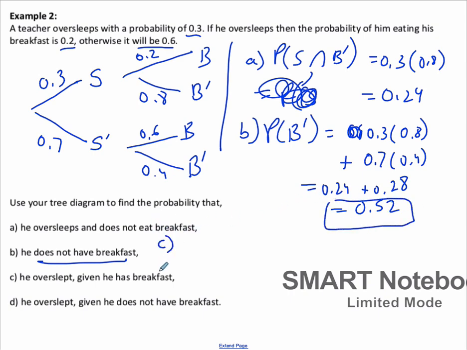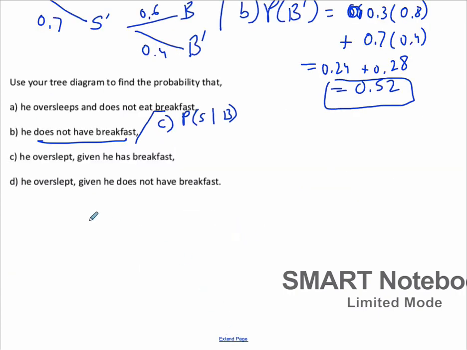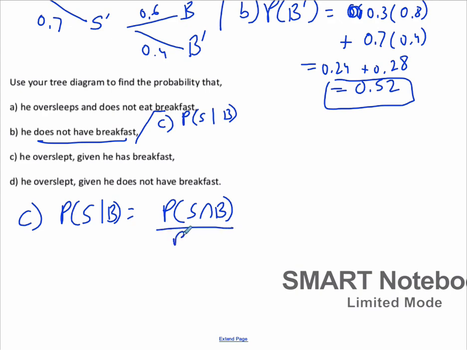So in part C, he oversleeps given he has breakfast. Okay, so maybe I'll do that down here. The probability he oversleeps given that he has breakfast equals the probability he oversleeps and has breakfast, divided by the probability of breakfast. Now we have the probability he does not have breakfast. That's the answer to part B, right? So to get the probability he has breakfast, it's 1 minus that answer.